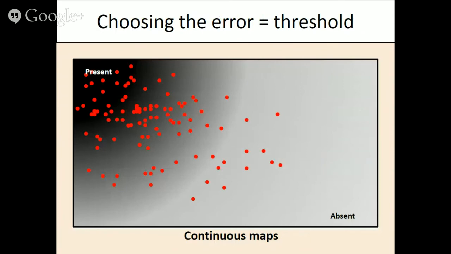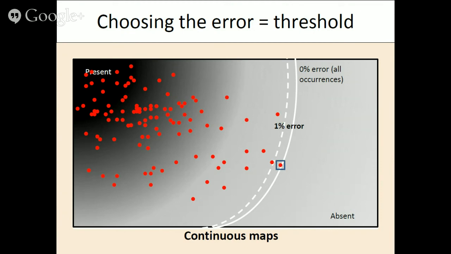So we are going to have a configuration like this one from a binary map, in which we can have a threshold of 0 error, including all the evaluation points, or we can have a 1% error, excluding 1% of the points, or 5% error, or 10% error.